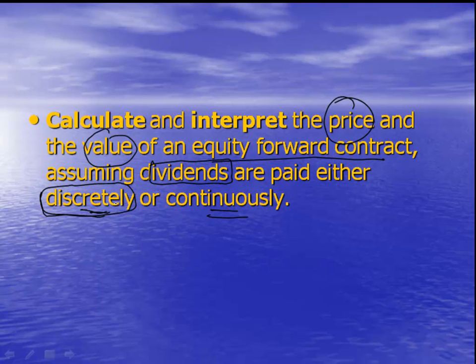This dividend yield means that you cannot really figure out who's paying when, but on average, the entire index would pay you a dividend of about 1% throughout the year. Then you would ask, 1% when? It's continuous. That means some part of 1% is paid to you every fraction of a second. So there would be a dividend which might be paid either discretely or continuously.